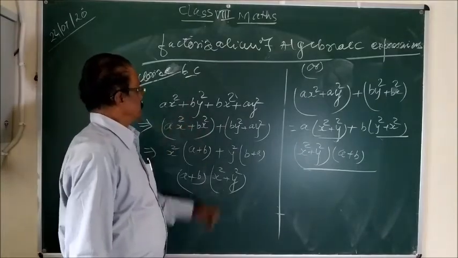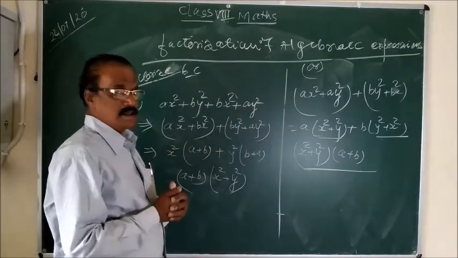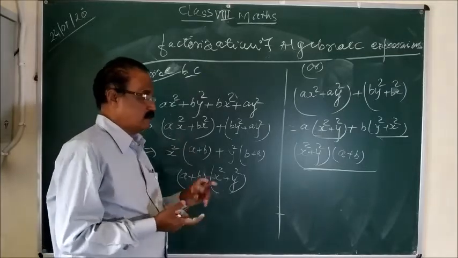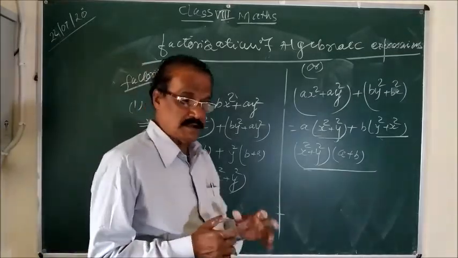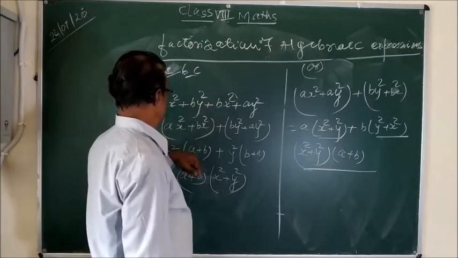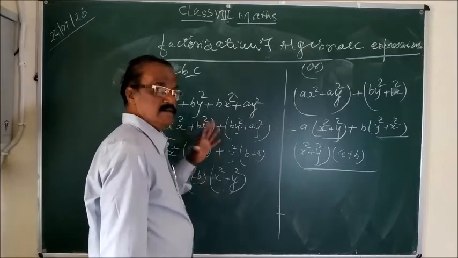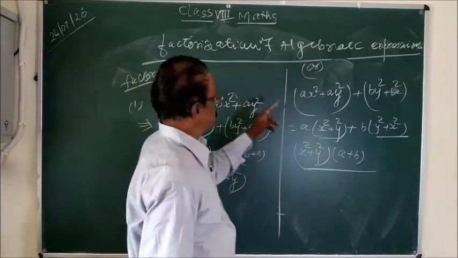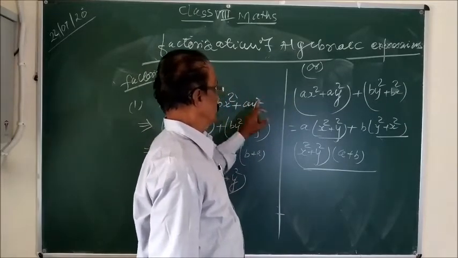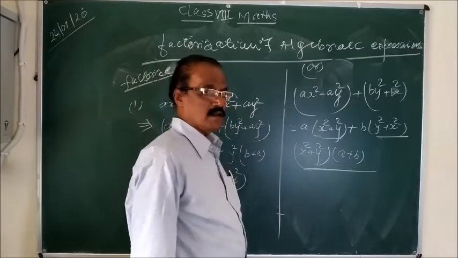So my dear students, in this factorization today, we are learning how to factorize the given polynomials by grouping them into suitable terms. Here we have taken this and this, and then these two, and taking the common, we have found the factors. Now we have changed here. We have taken ax square plus ay square, because a is common also, and in the remaining two terms, b is common. So both are absolutely correct.